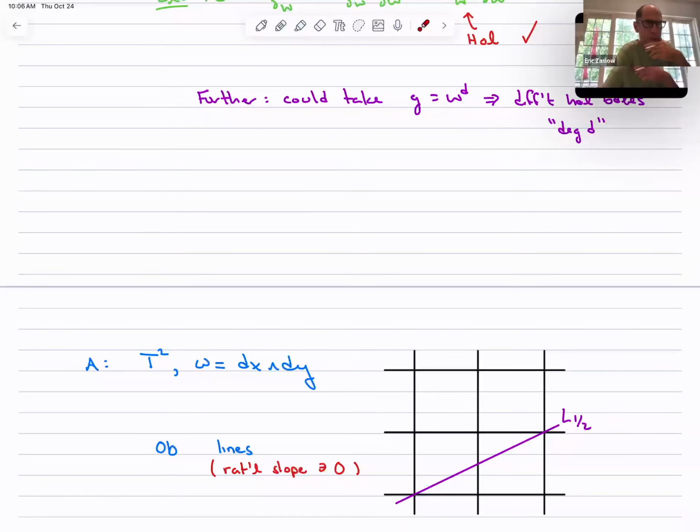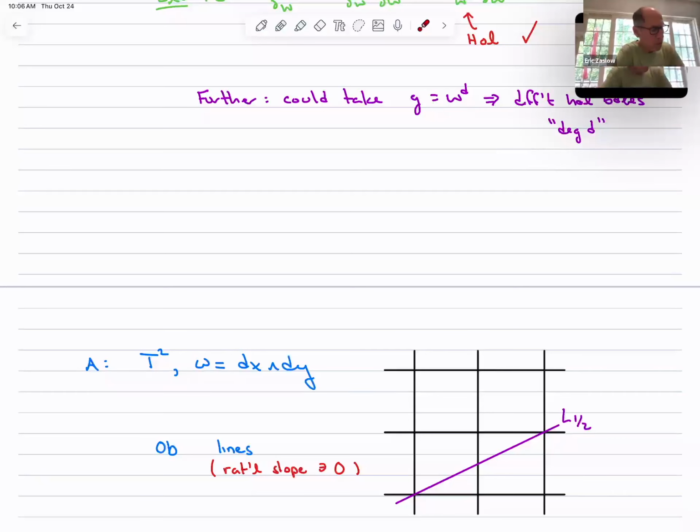I've said up to equivalence, you can take the objects to look like straight lines when you lift them up to R2. In order for them to actually define submanifolds, the slope of those lines should be rational. Otherwise, it's like a space-filling curve. So lines of rational slope are going to be our objects.